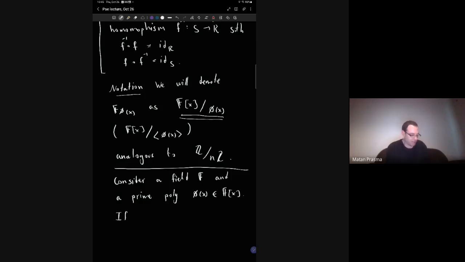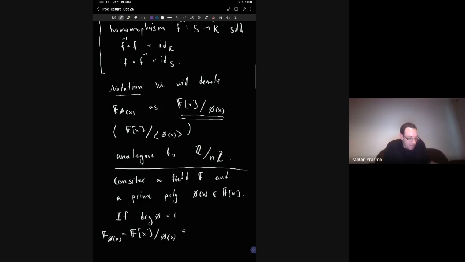Now, if the degree of phi is equal to 1, then Fx, what we called F sub phi, and now I remind you, we have a new notation, this is by definition all the remainder polynomials of doing mod phi.